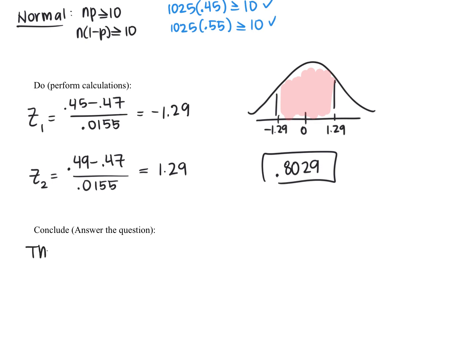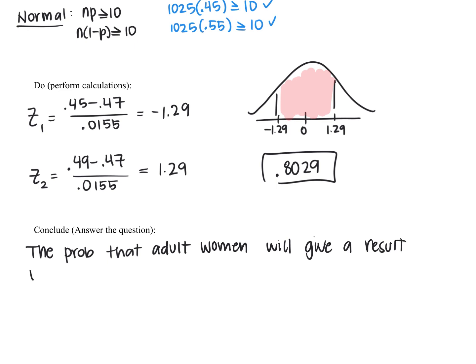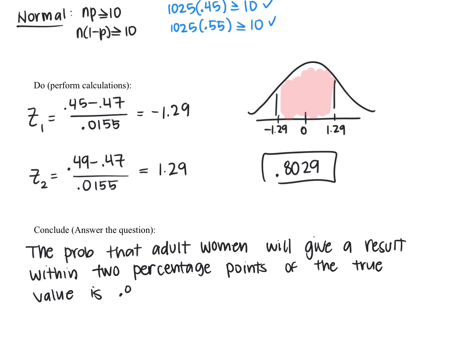So in this case, we were finding the probability that adult women will give a result within 2 percentage points of the true value is 0.8029.